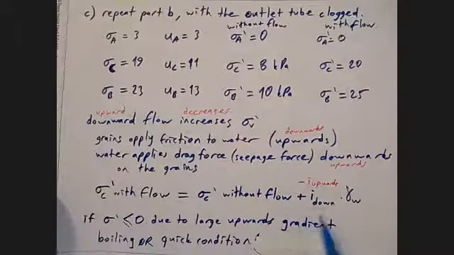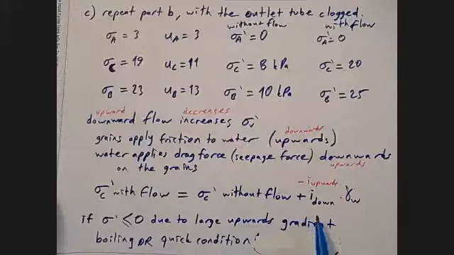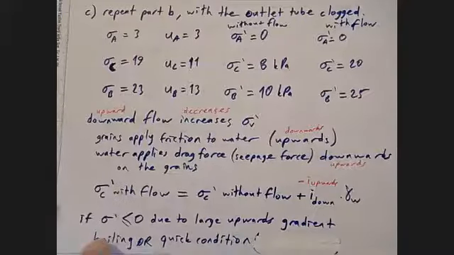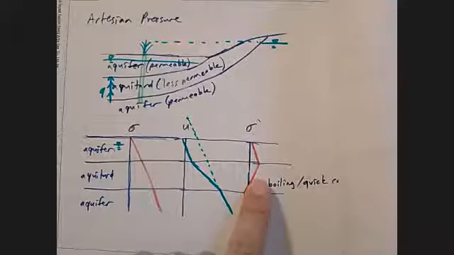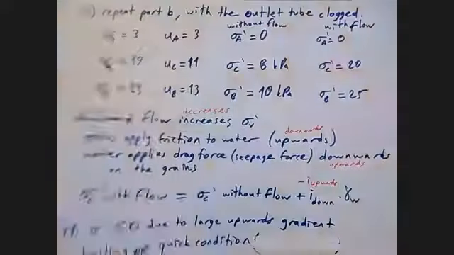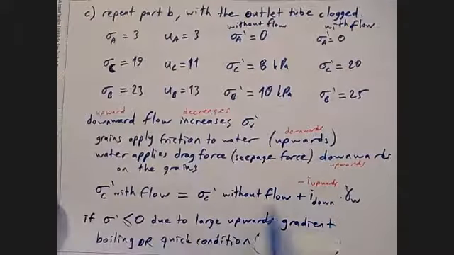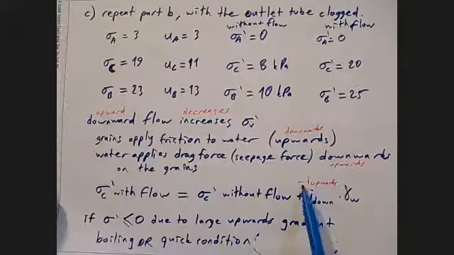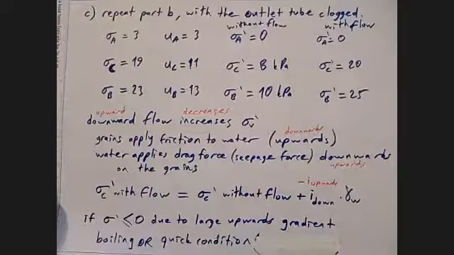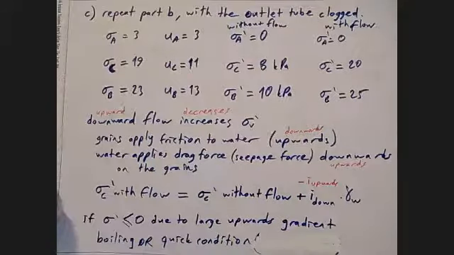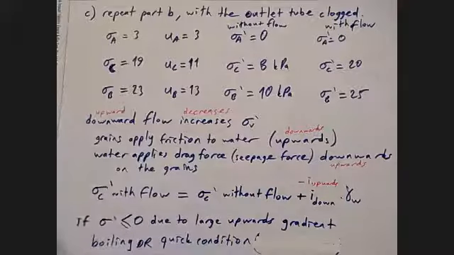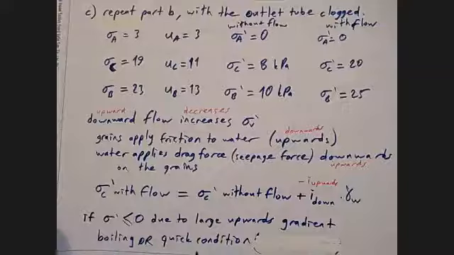So again, the slope of your effective stress plot here will be the submerged unit weight minus i times gamma water. And boiling can occur here.